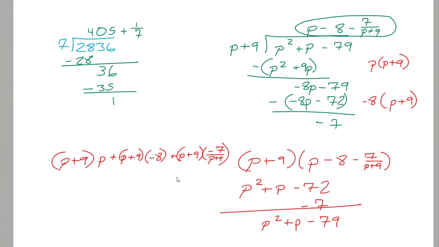That's another way that you could have, instead of doing the foiling, since we're doing that, that's another way to look at it. We went over this in multiplication of polynomials, so if you need to, I'll put a little tag at the top at this point just to show y'all that you can go back and look at that video to help you see the distributive property way of multiplying polynomials.